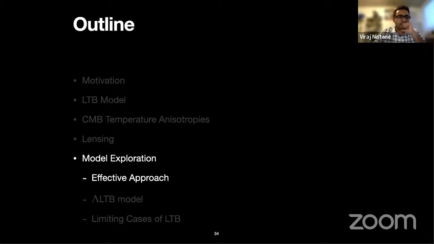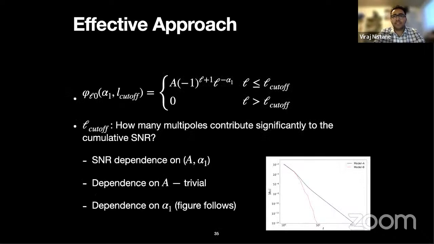The first part of this exploration is setting up an effective approach for calculating the signal to noise. We have seen that the lensing potential from the numerical calculations of the LTB model has this form.